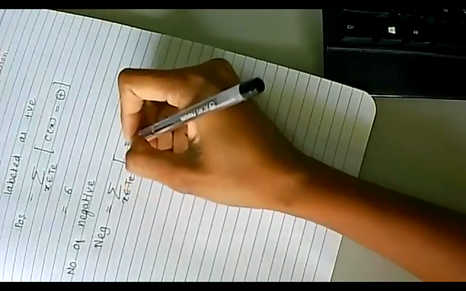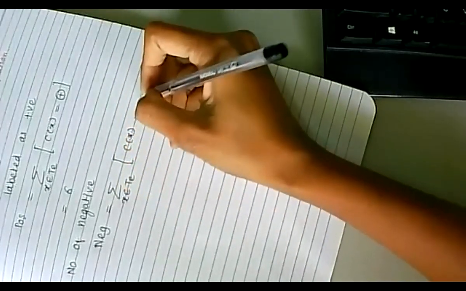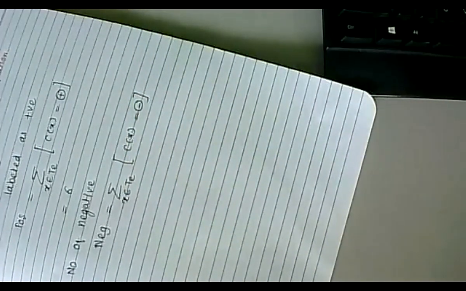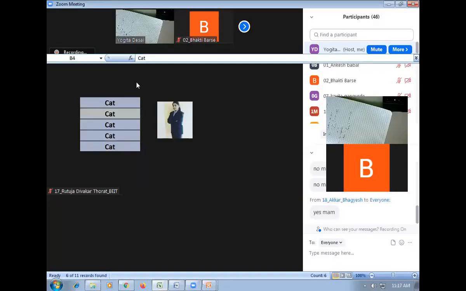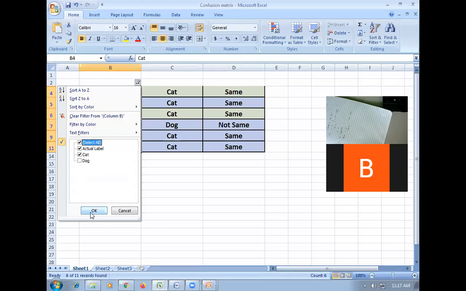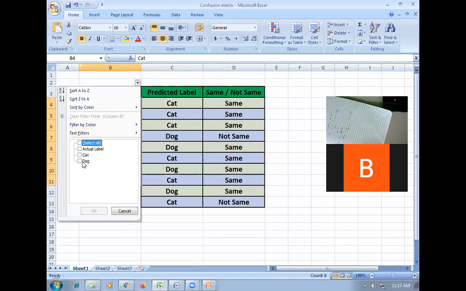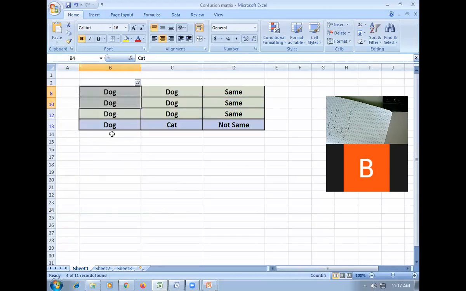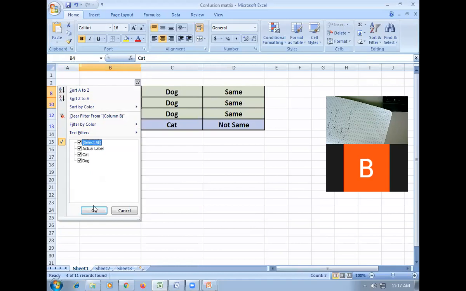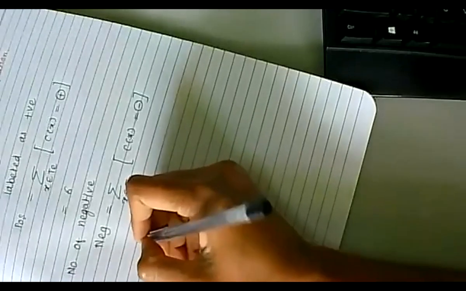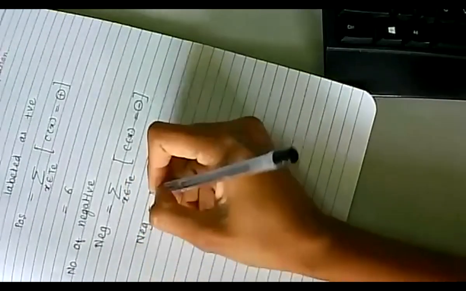And C of X are negative. Now again check here in actual labels how many classes are negative. So 4 classes are negative. So NEG value is 4.